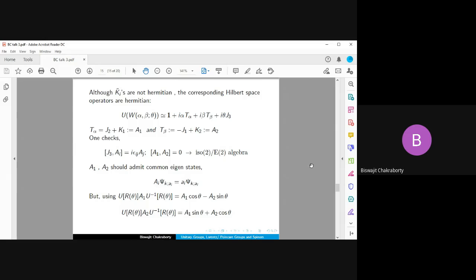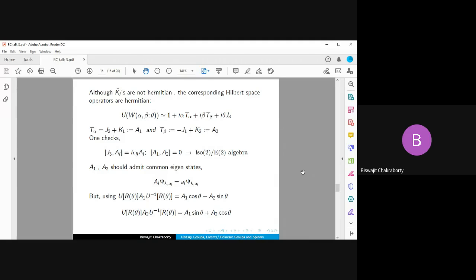Because here you are talking about Poincare algebra in a Euclidean setting, and that too in a plane only. You have two translation-like generators A1, A2, and they transform as a two-vector under SO(2) rotation in the plane. Among themselves, they commute. So this is just a plain Poincare algebra in Euclidean setting in a two-dimensional, smaller dimensional space.